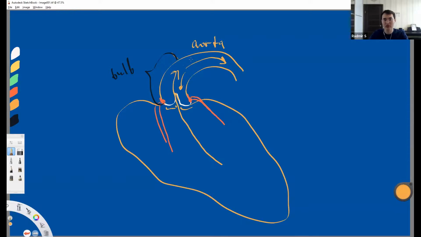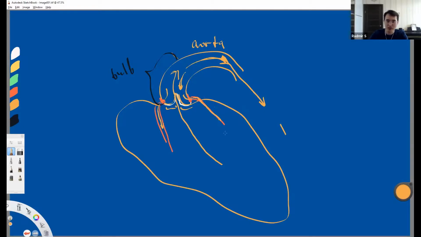And the aorta gives the way to the blood to go to smaller arteries. But the blood actually tries to get back to the ventricle, and because it's stopped here, it also gets to the coronary arteries. And in this way, we have high blood pressure inside these coronary arteries.